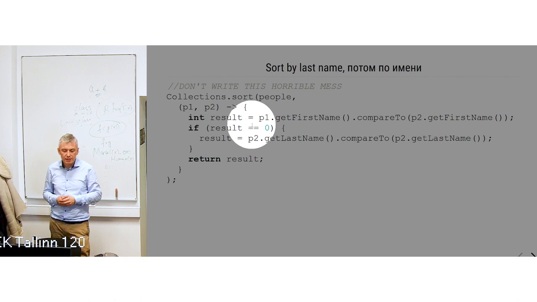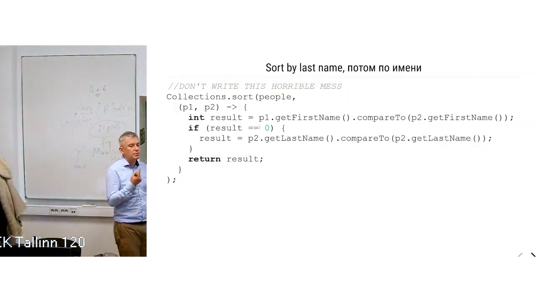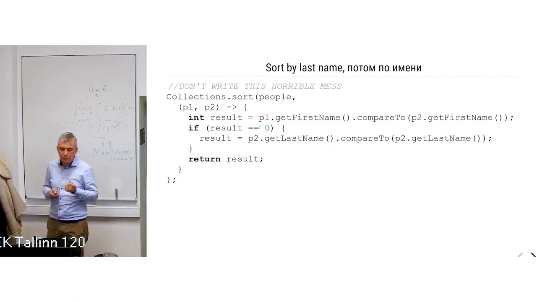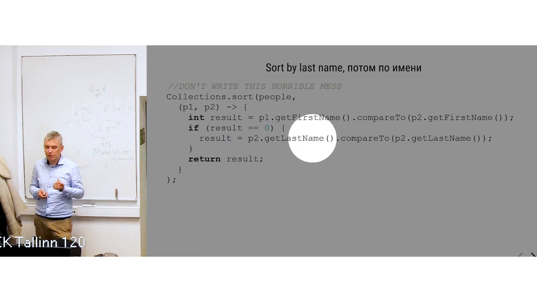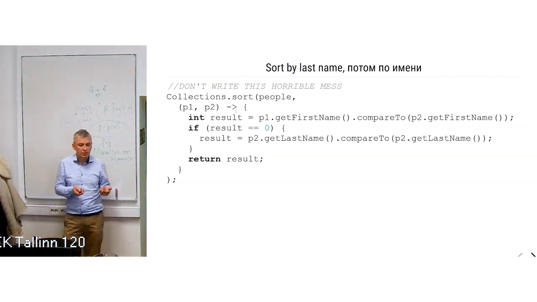If the result is not equal to 0, this means that people have different first names. Then we return this result. If it's 0, then we are going to compare using the second field, the second getter, and return that result.